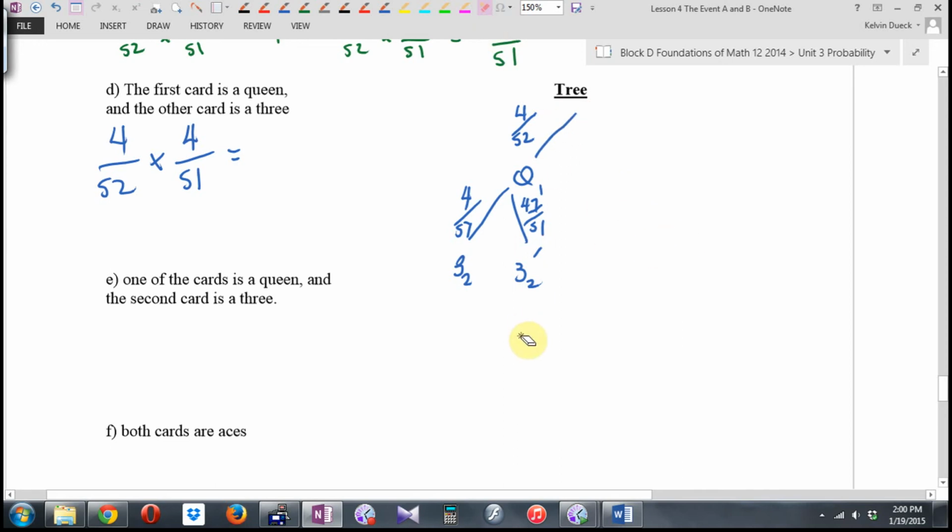This part is okay. 4 out of 52, 4 out of 51, 47 out of 51. I have to take into account 3 on the first, other. So you ready? How many 3s are there in the deck?